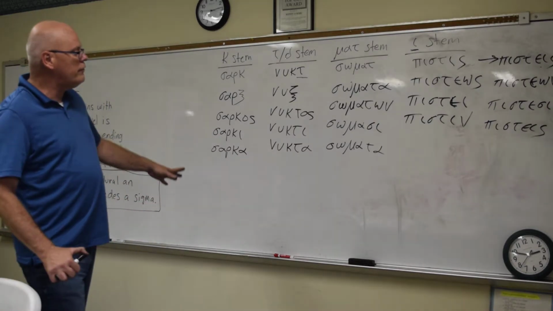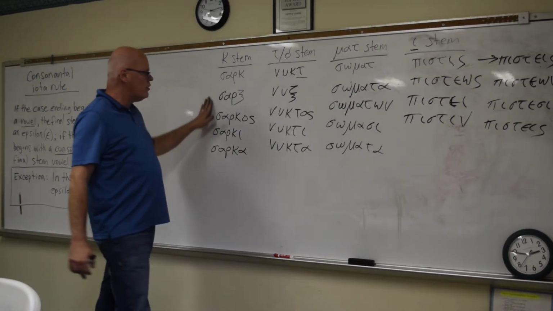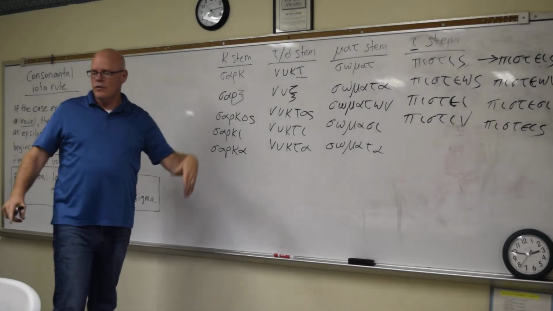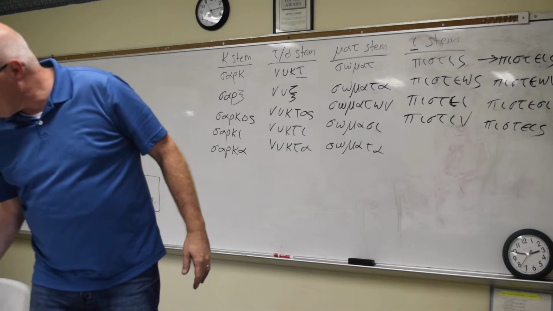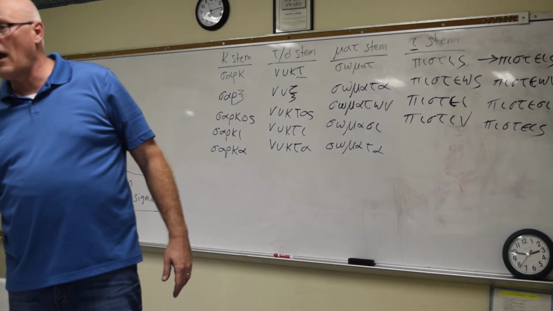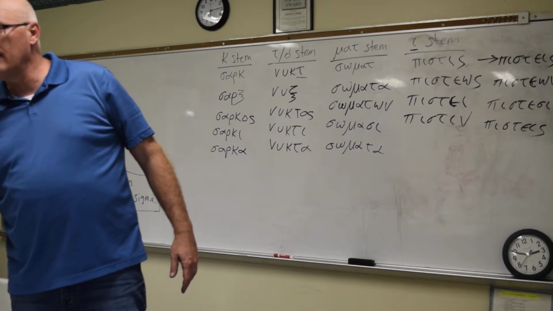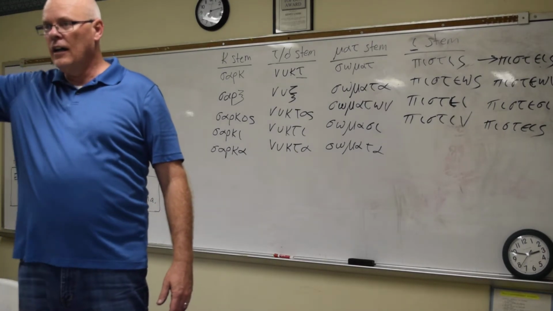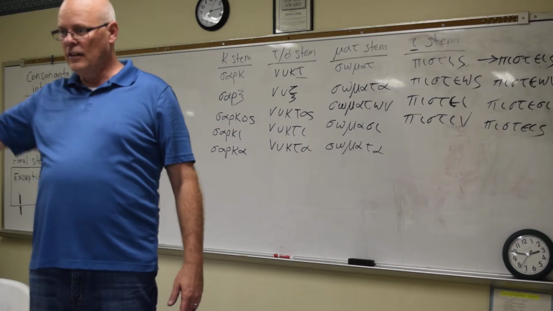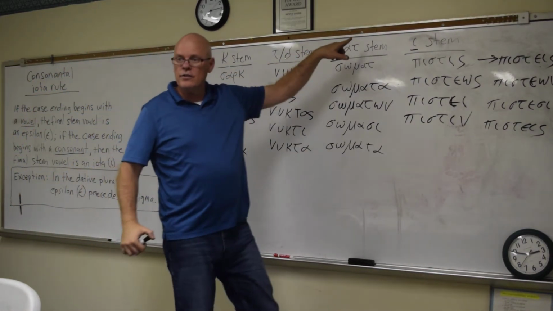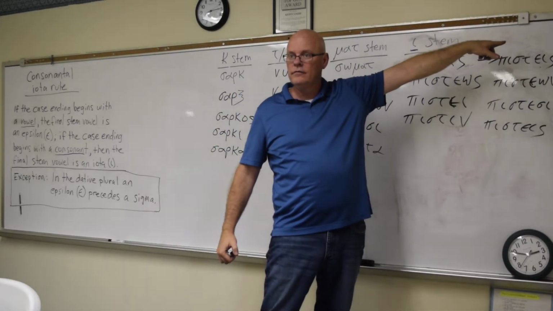Okay, so if you go through these on your own time, just take your vocabulary words you have there and start testing them. Take the genitive, which is the second one, cut the os off the end of it, and then see which stem category it fits in.